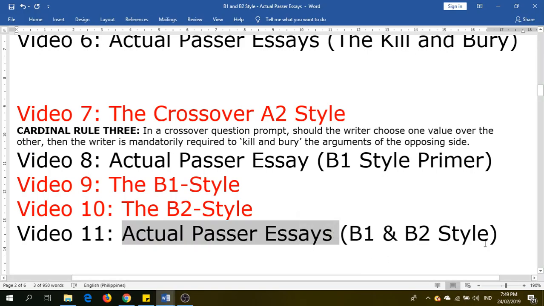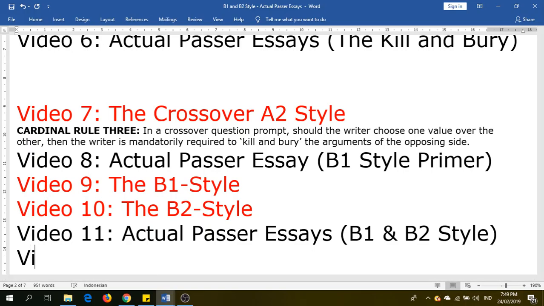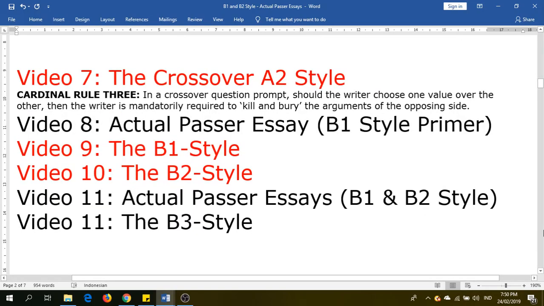So for the next video, video number 12, we will now be talking about the most popular of the styles, as far as my students are concerned, because of all the passer essays, a huge chunk of them have passed because they use the B3 style. That's supposed to be for video number 12. So that's something to look forward to. The B3 style. I'll see you in the next video, everybody.